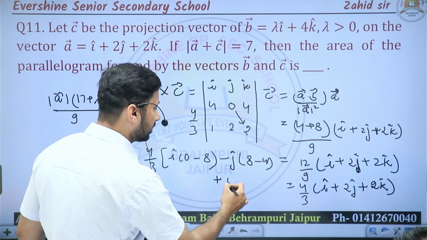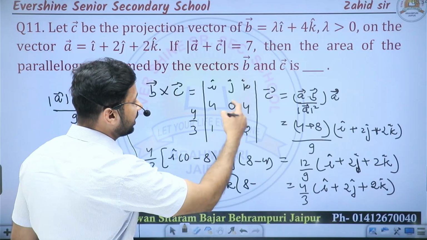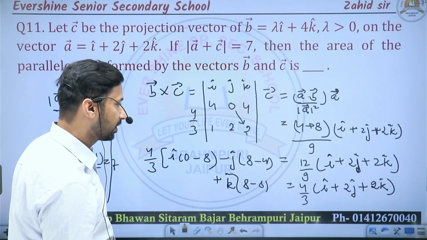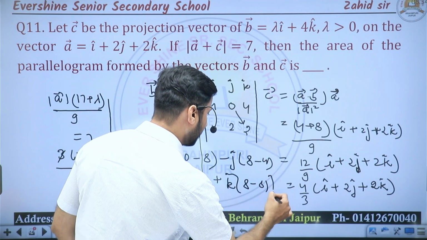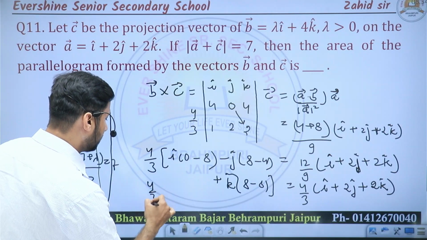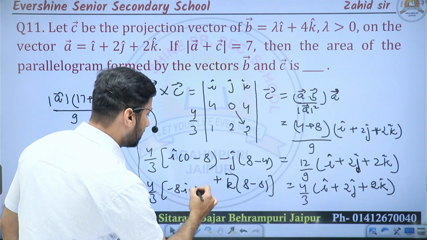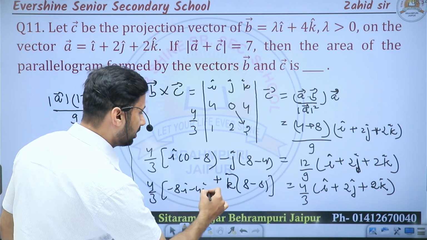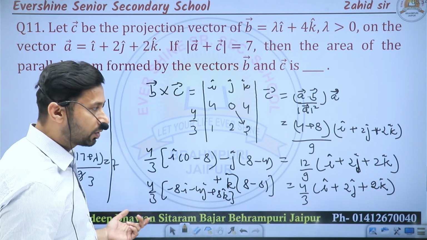The third one is k cap. So 4 2s are 8 minus 0 1s are 0. Okay. So now I'll be getting 4 by 3 times minus 8 i cap minus 4 j cap and 8 k cap. So this is B cross C.